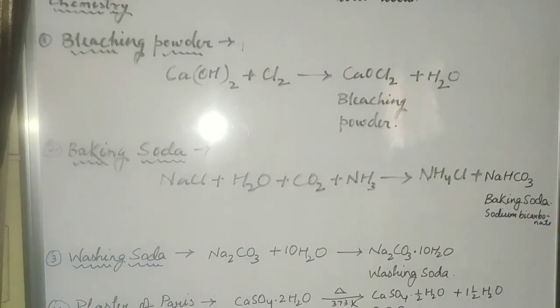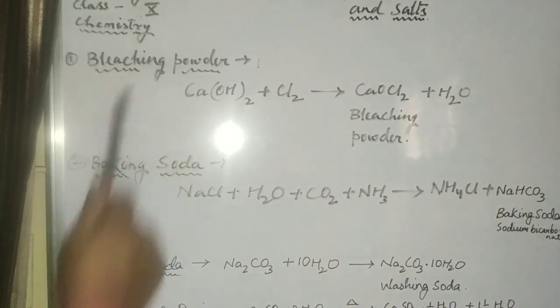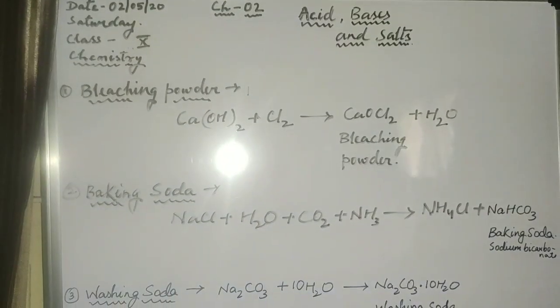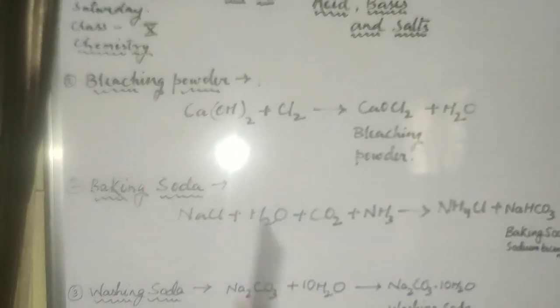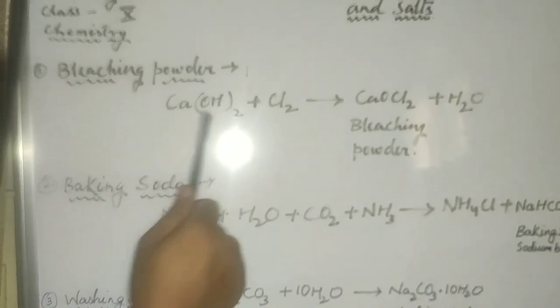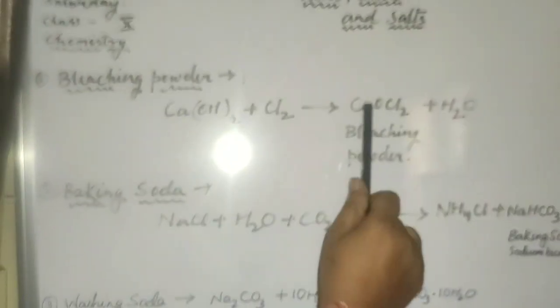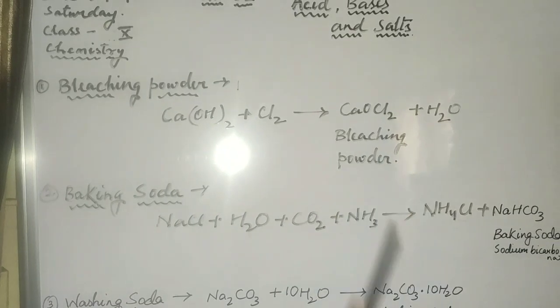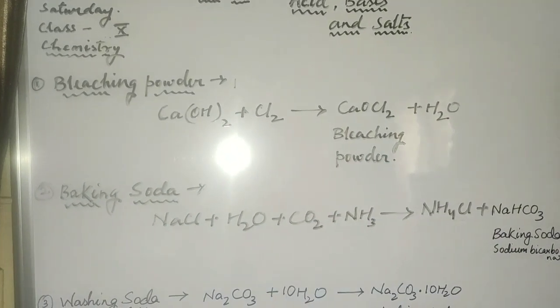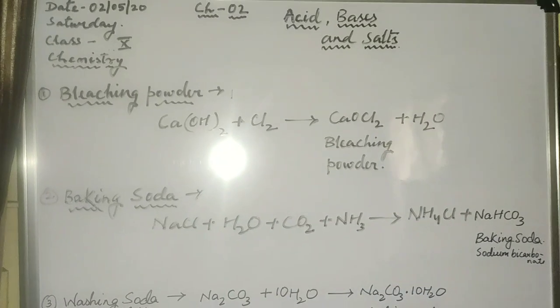First of all, bleaching powder. The chlorine gas which is obtained during the chlor-alkali process can be used to form the bleaching powder. When this chlorine gas is passed through quicklime, that is calcium hydroxide, it forms calcium oxychloride, which is also known as bleaching powder, and water.